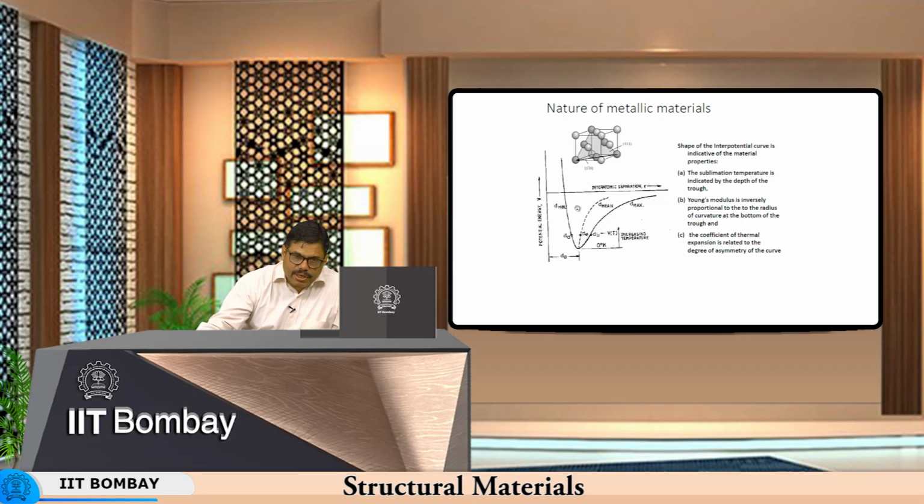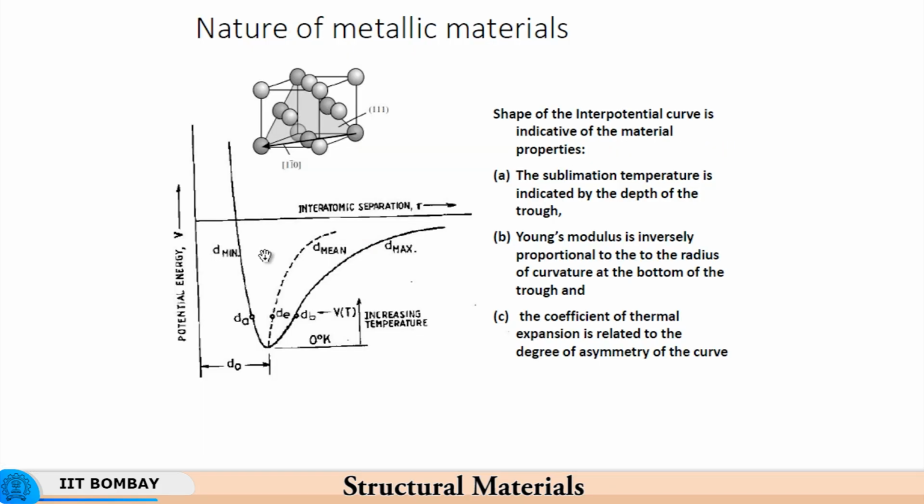If this curve were fully symmetrical like a V, then irrespective of the temperature, the mean position would have remained along a vertical line, and the two extreme positions to the left and to the right would have been symmetric.